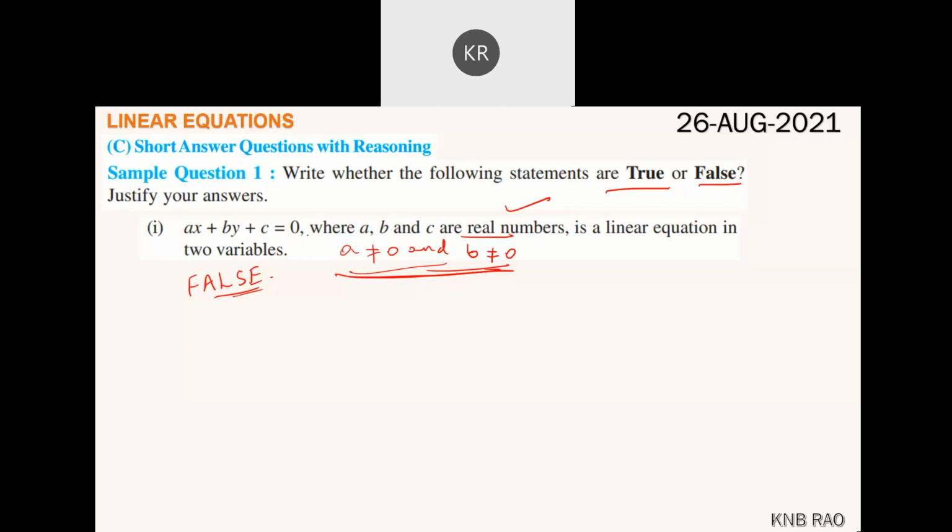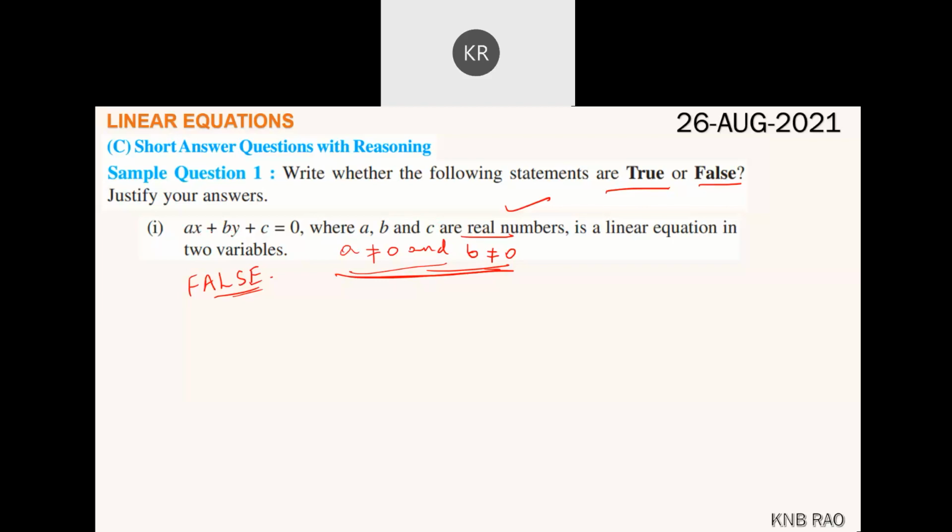See, the definition of a linear equation in two variables says any equation of the form ax plus by plus c equals 0, where a, b, c are real numbers. A is called the coefficient of variable x, b is the coefficient of variable y, and c is a constant.